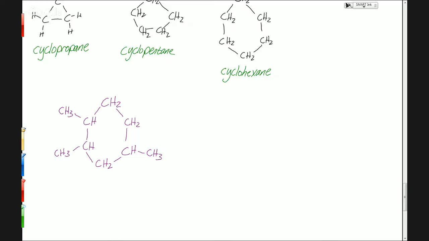Let's look at this structure. So we're going to use the rules the same way. The only difference is the numbering can be a little tougher because of the ring.